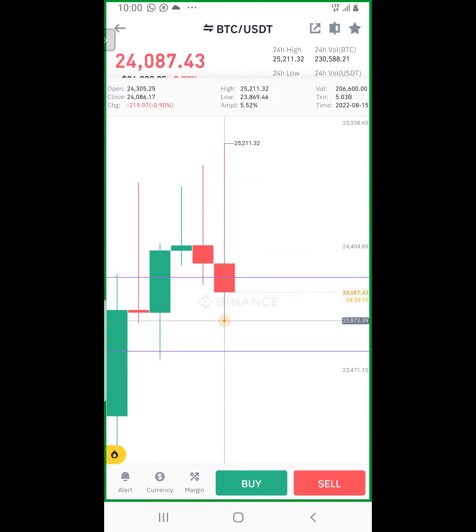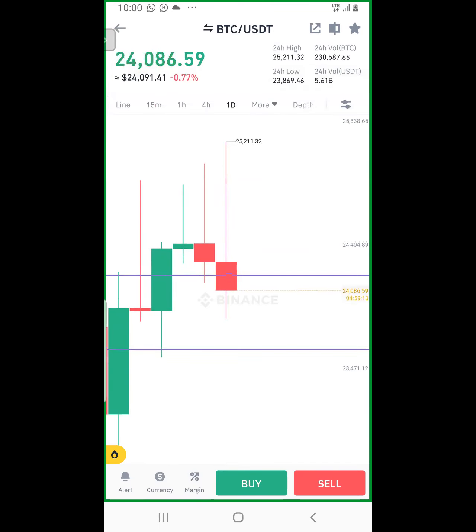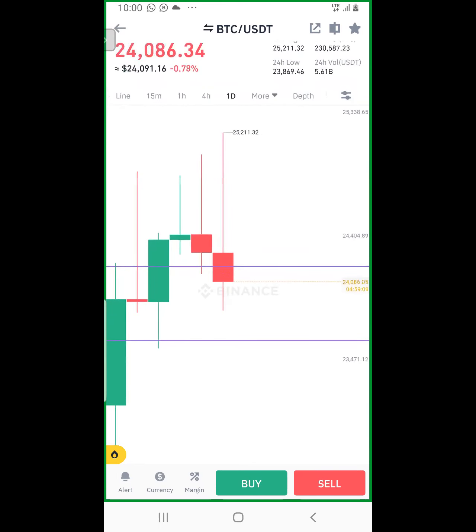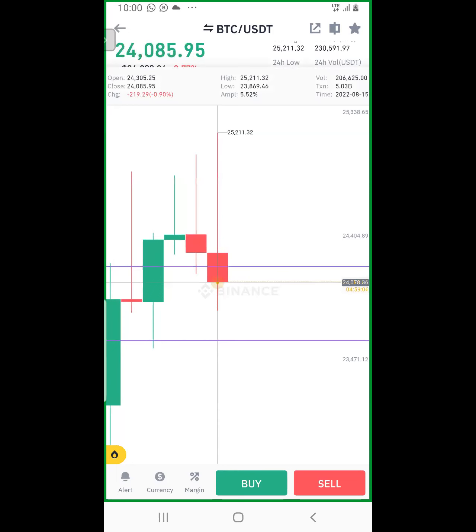But then later buyers came in, and so far they have pushed it up here. The current price is now $24,078 per Bitcoin.